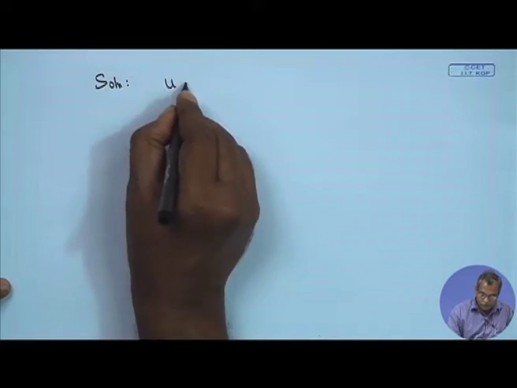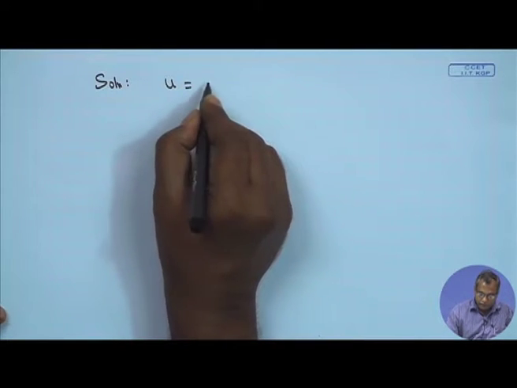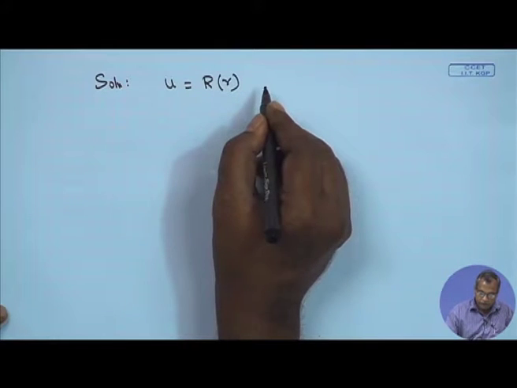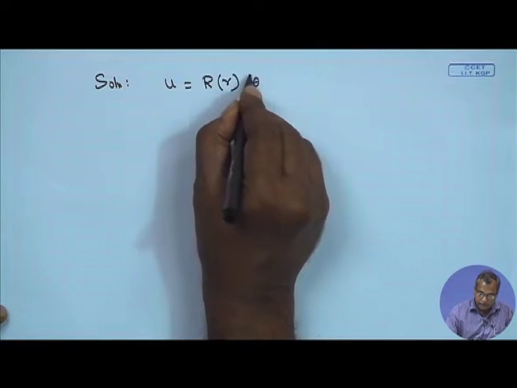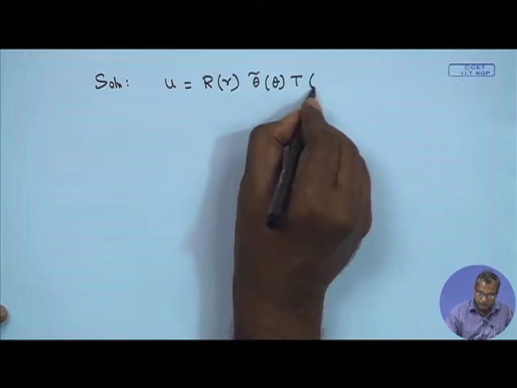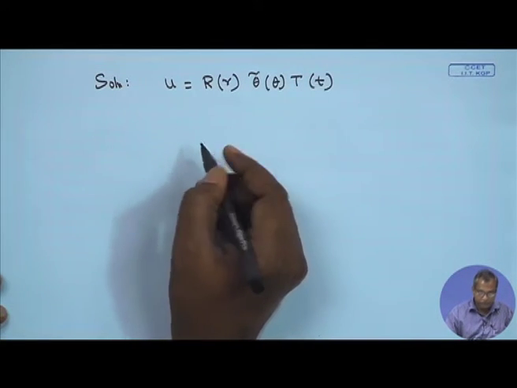The solution goes like this. We will be assuming that u is a product of three functions. One is a function of r alone, another is theta hat, that will be a function of theta alone, and another will be capital T, that will be a function of time alone.